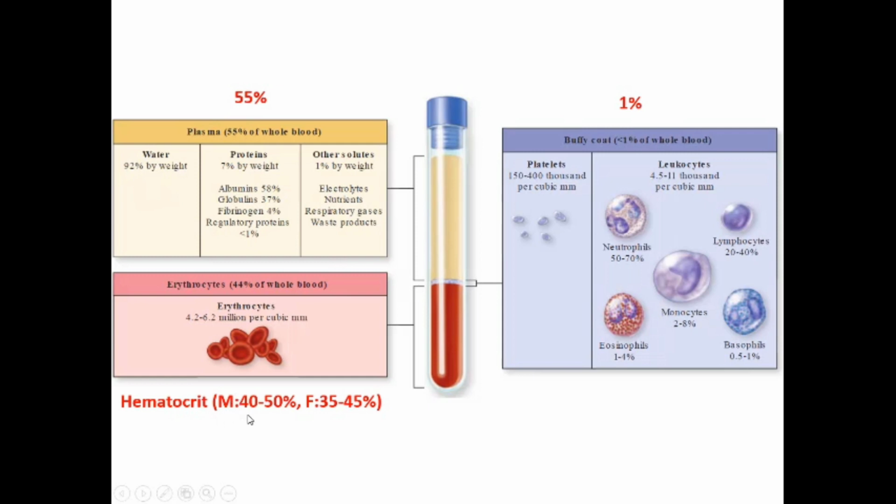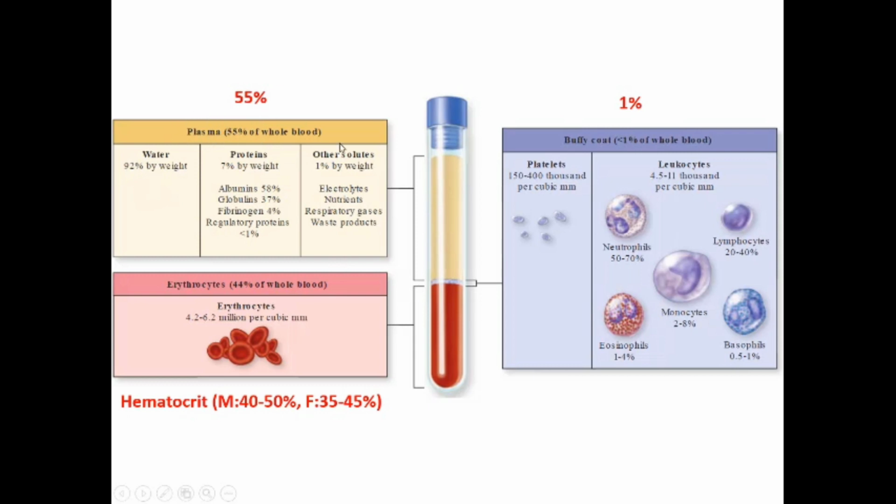In males it is about 40 to 50% of blood volume, and in females somewhat lower, 35 to 45% of blood volume. Over this area we have a liquid or viscous, transparent, translucent area called the plasma.